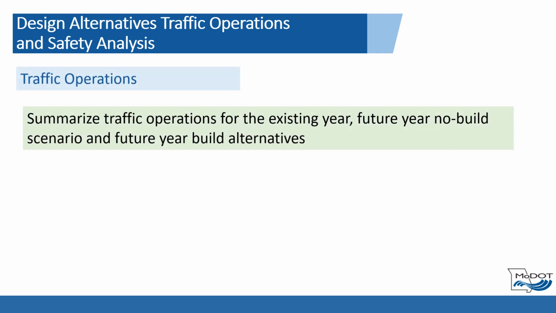Summarize traffic operations for the existing year, future year no-build scenario, and one or more future year build alternatives. Similar to the no-build section, the structure of this section will depend heavily on the MOEs being used to analyze traffic conditions.